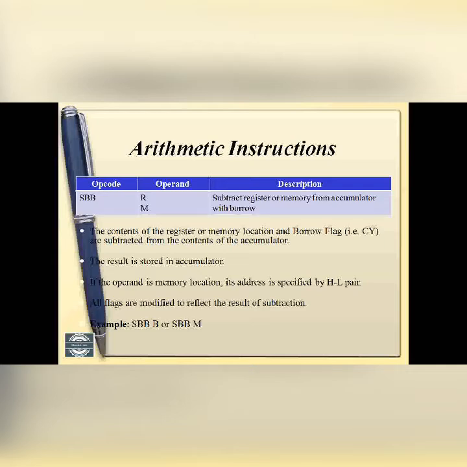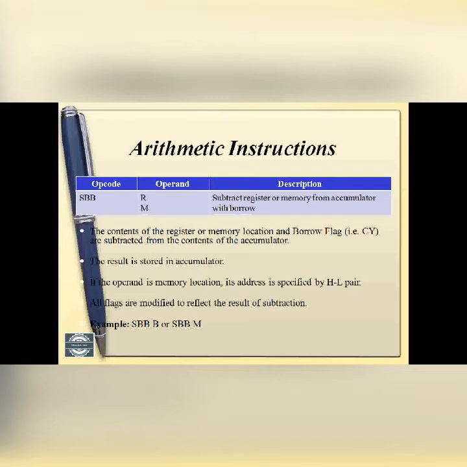Next one, SUI. SUI means it will tell you subtract immediate from the accumulator. So SBB means with borrow, SUI means here immediate from the accumulator.